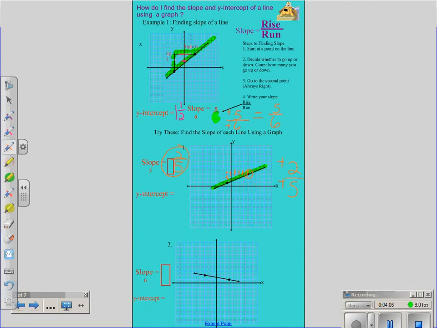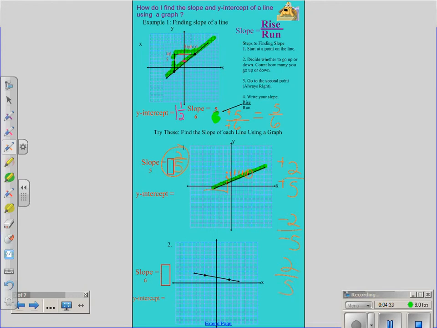And that pattern should just continue. So it would go up 2 over 5, so on and so forth. Or we could also go down 2 and back 1, 2, 3, 4, 5, because if I went down 2 and left 5, a negative over a negative would make a positive.